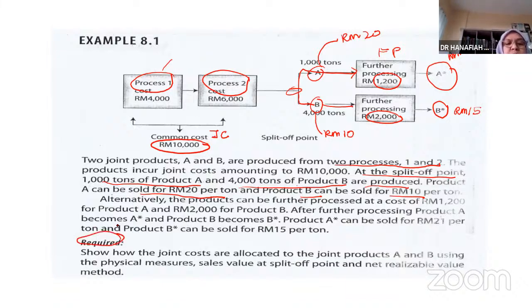Required from you: allocate the joint cost to joint products A and B using physical measures, sales value at split off point, and net realizable value. Now you need to do some calculation.